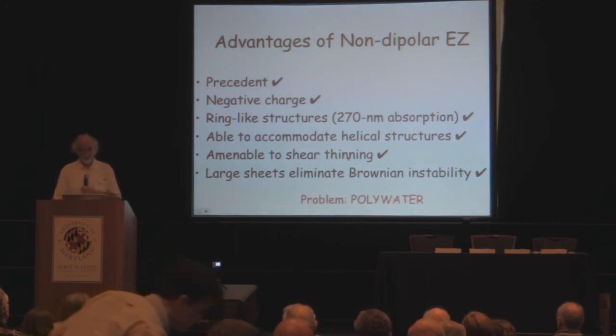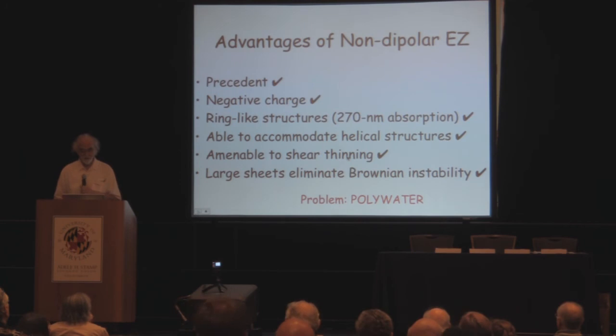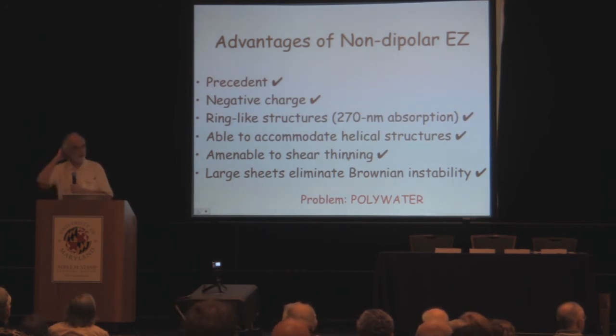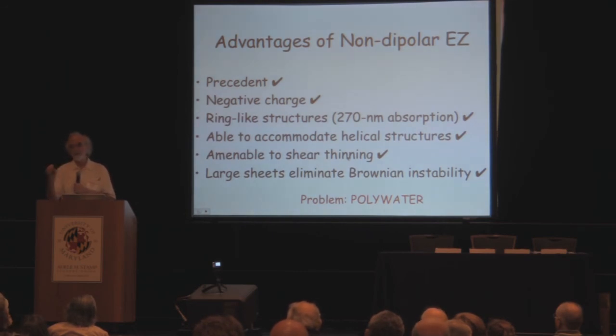The only problem with the structure that I've come up with is that of polywater. How many of you have heard of polywater? Okay, so polywater was, you might say, a scandal that occurred, although that's not exactly the right word, 40 years ago, where some Russians, a guy named Deryagin, who was the most famous physical chemist in all of Russia, found that when we put water in these tiny capillary tubes, the properties of the water were no longer like any water properties anybody ever heard of.